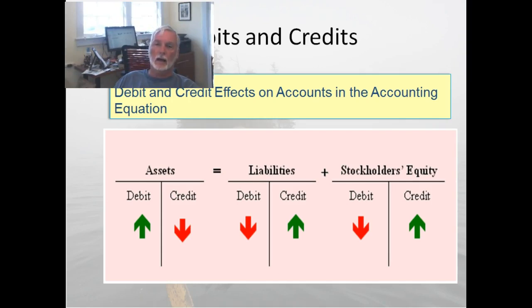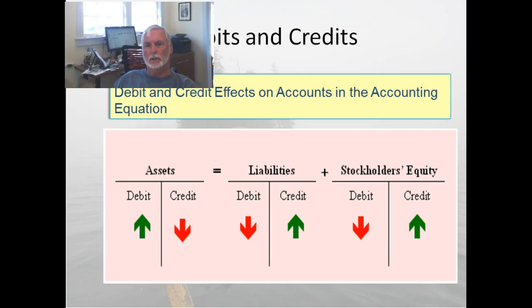Currently I have cash and I have an accounts payable, money due to a supplier. Let's say I owe the supplier $100, so I'm going to credit cash $100, and that reduces my cash, and then I'm going to debit accounts payable, which takes the accounts payable away because I don't owe it anymore.